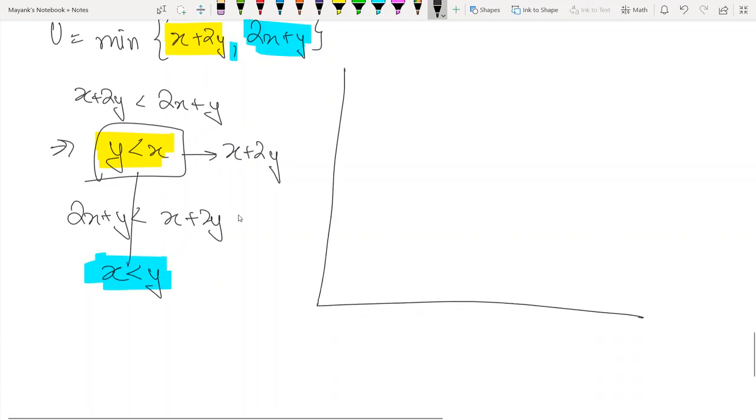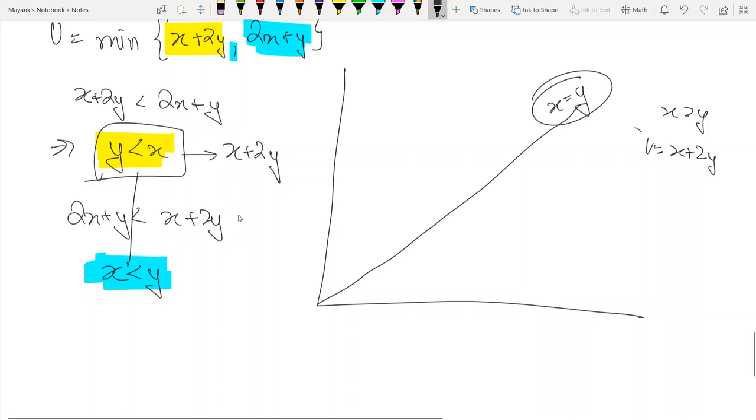So let me just draw the x equals to y line. So what's happening to the right of x equals to y? This is the x greater than y zone, or y less than x zone. So utility equals x plus 2y.